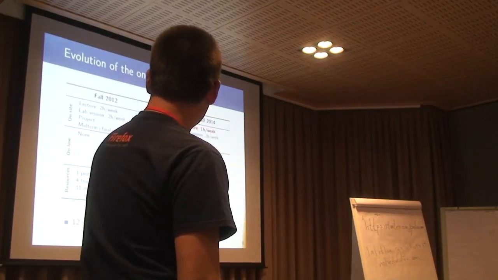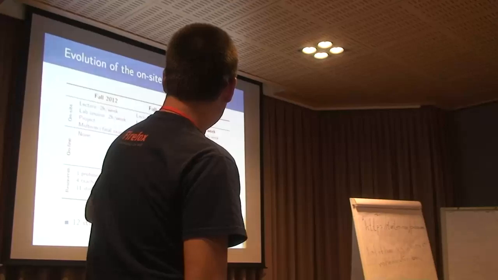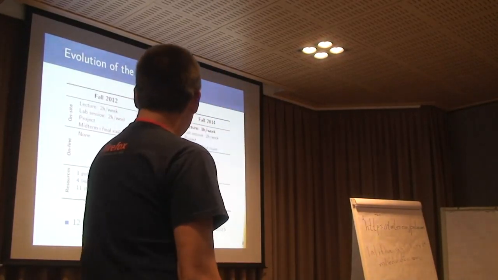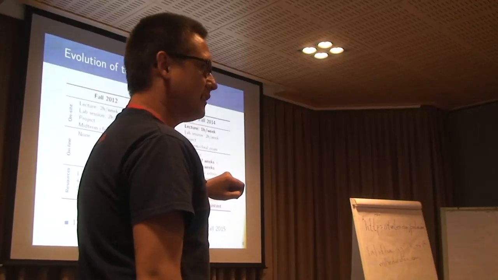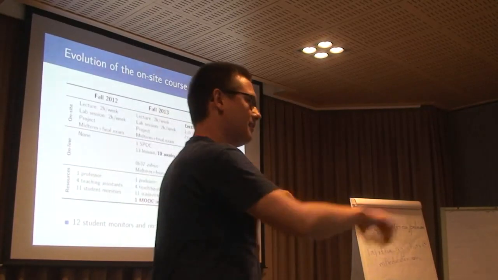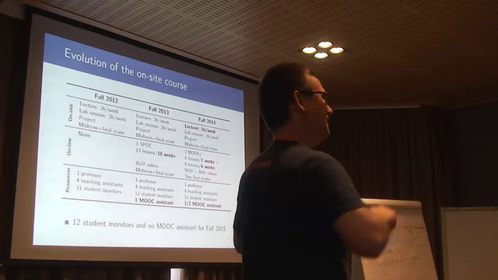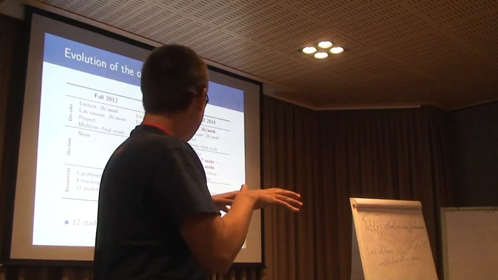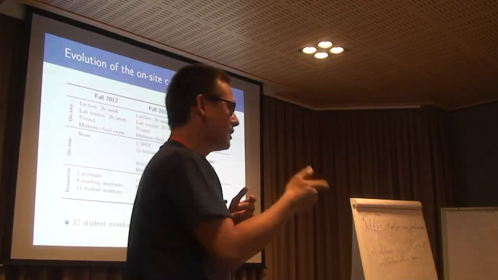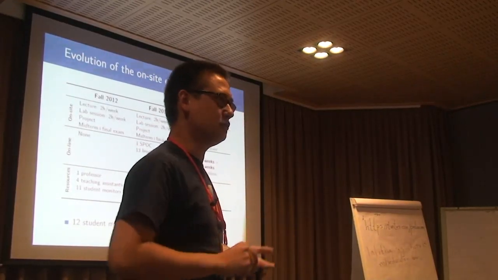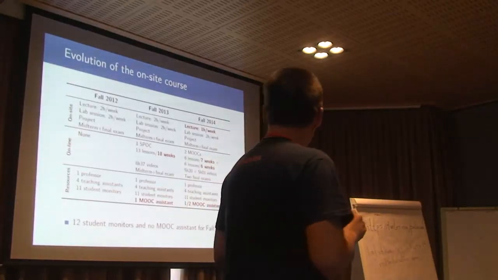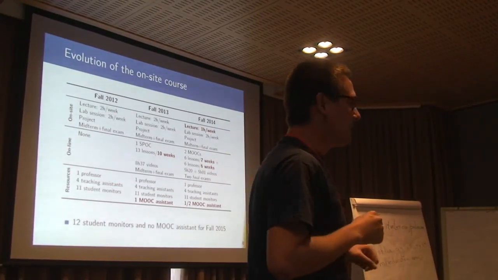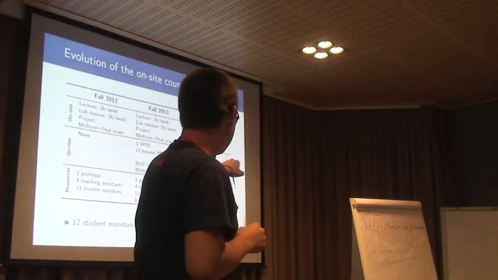Then you have the half MOOC assistant coming there. And what happened in 2015 is that among the four teaching assistants, one of them was transformed into the MOOC assistant. So we only have now three teaching assistants to manage the correction of the exams, to manage the student monitors, etc. But in exchange for losing one teaching assistant, in fact, we gain one student monitor.